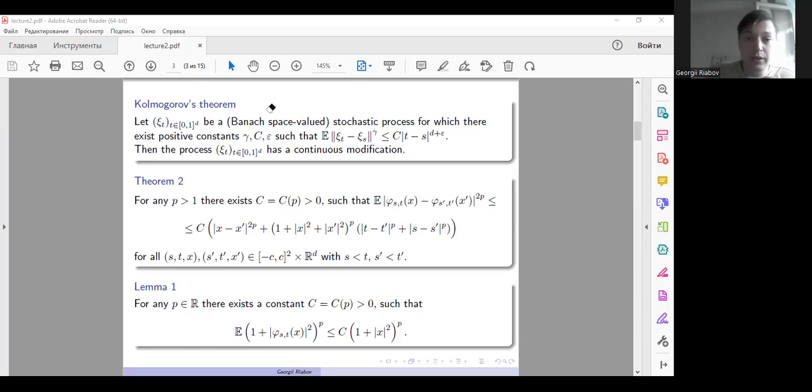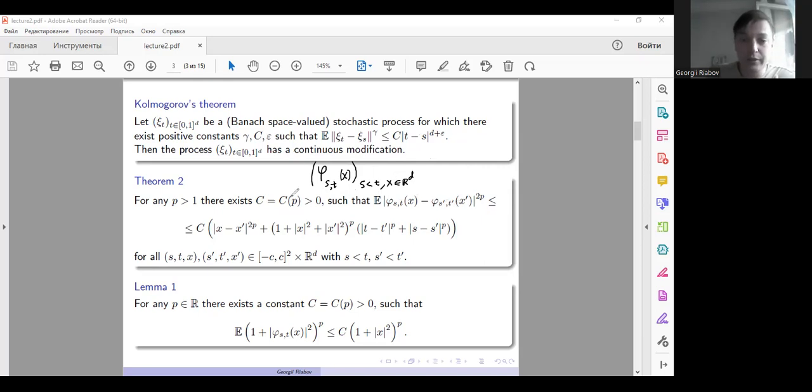Okay, so now our process phi is indexed by s, t, and x, where x is d-dimensional. So we will look for estimates in which increments of x, s, and t will be in the power bigger than d plus 2.